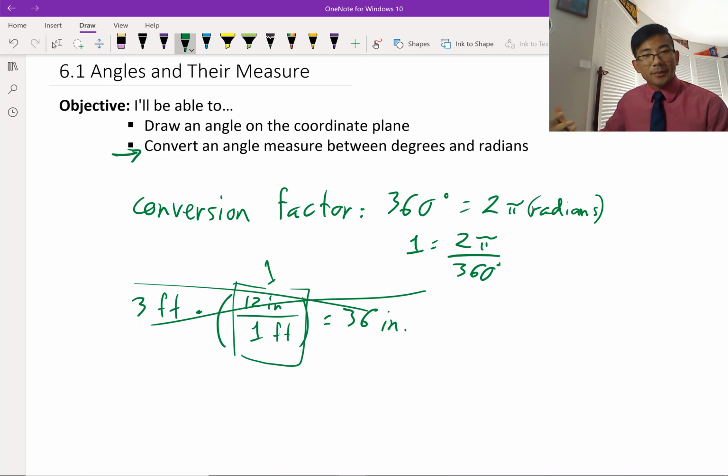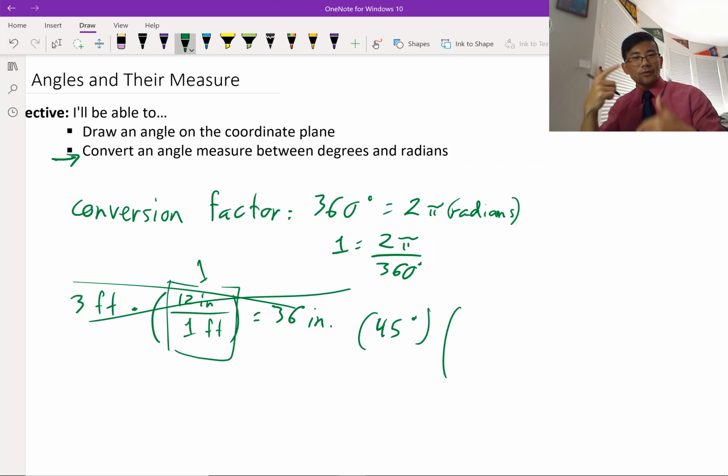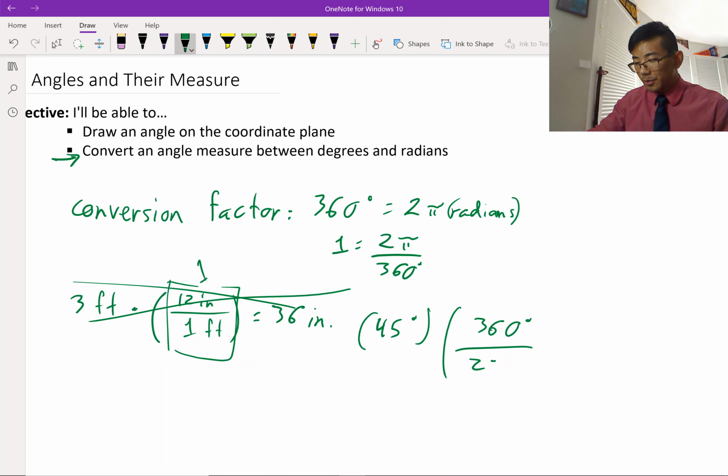Okay, so if we're talking about angle measures, let's suppose I want to turn 45 degrees into radians. You have to make sure that your conversion factor is the right orientation. If I do it this way, 360 over 2 pi, nothing is being canceled out here.